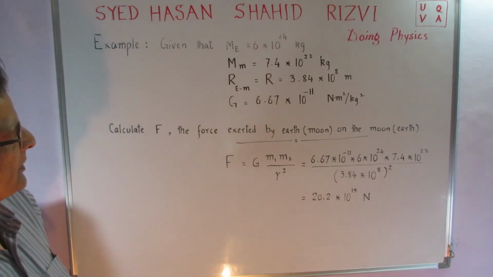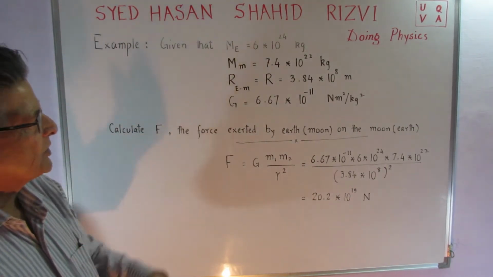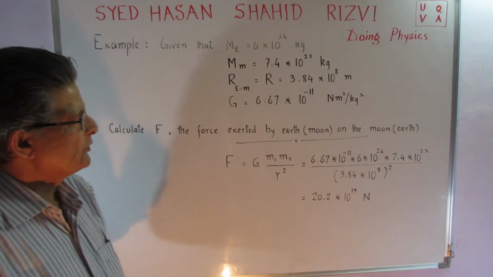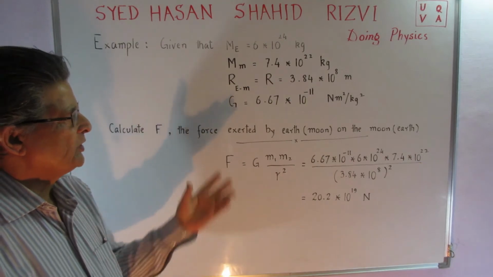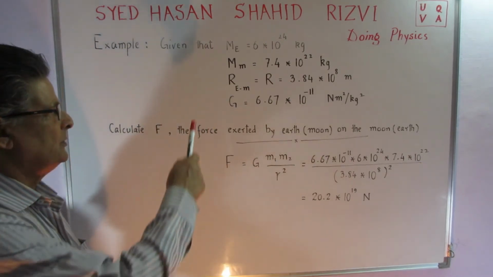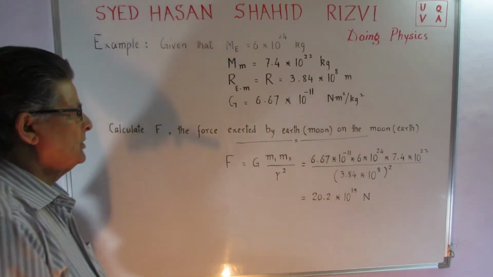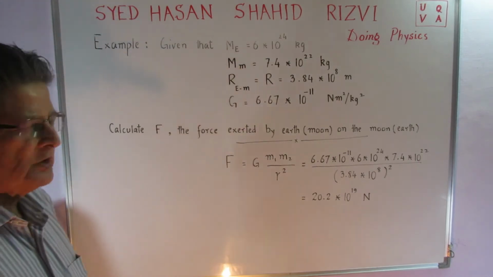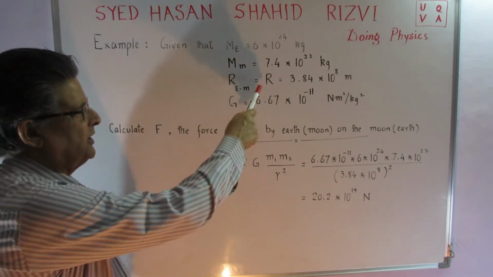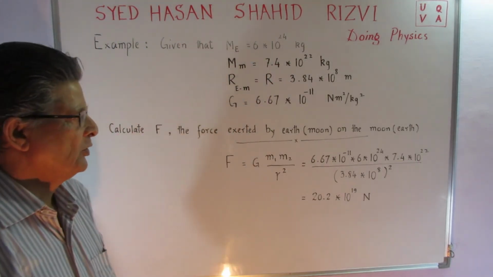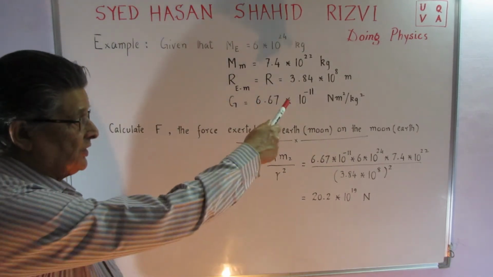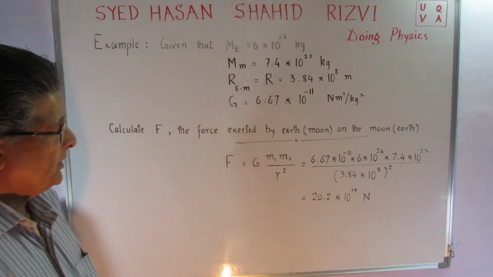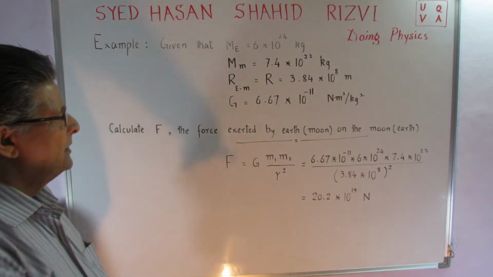The question is, we give you the mass of the Earth as 6 × 10^24 kilograms, and the mass of the Moon as 7.4 × 10^22 kilograms. The distance between the centers of the two objects, which I am taking as r, is 3.84 × 10^8 meters. Sometimes it is given in kilometers, so be careful about that.